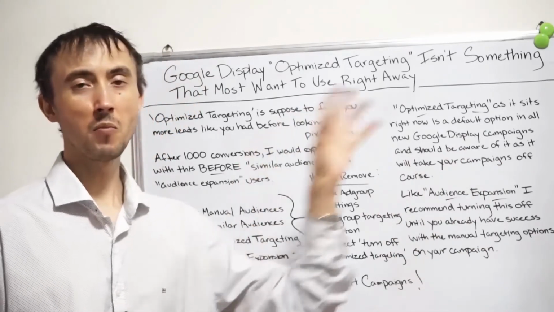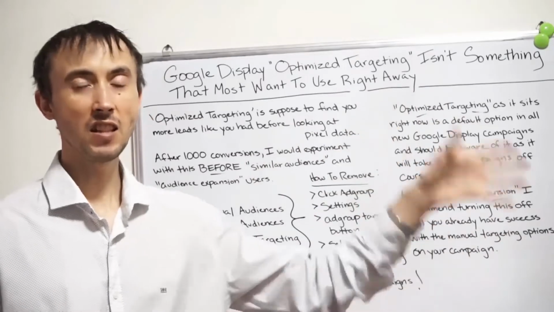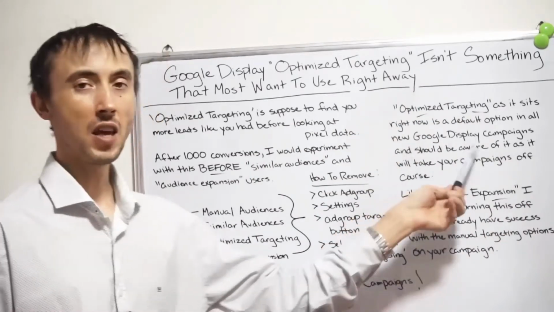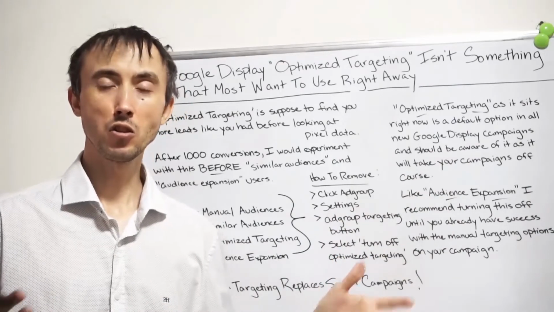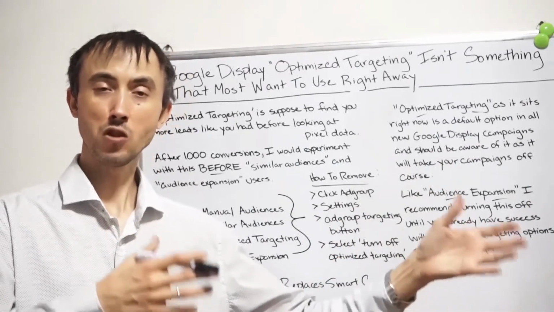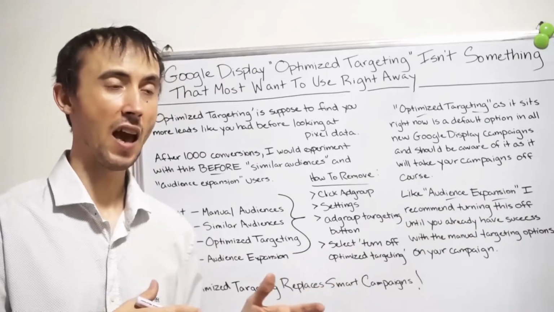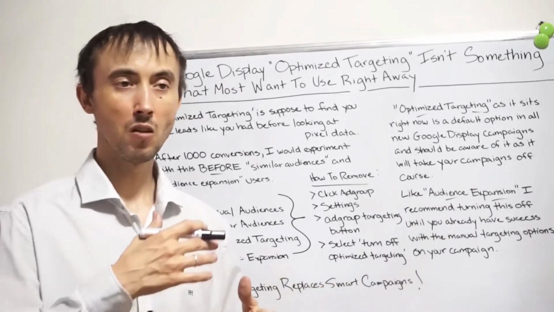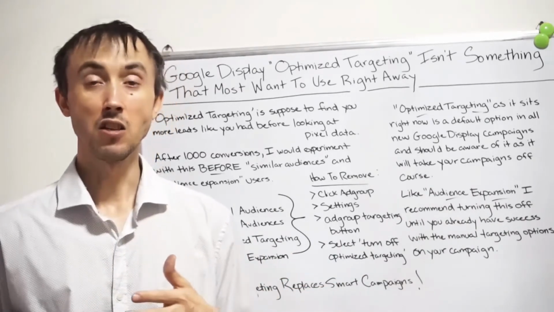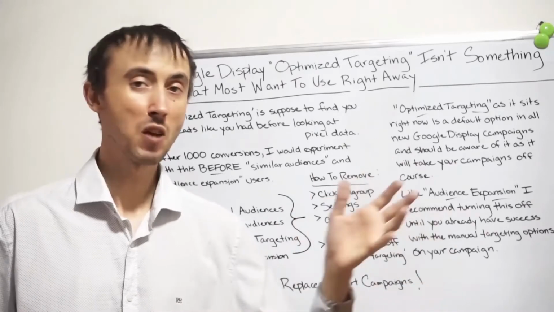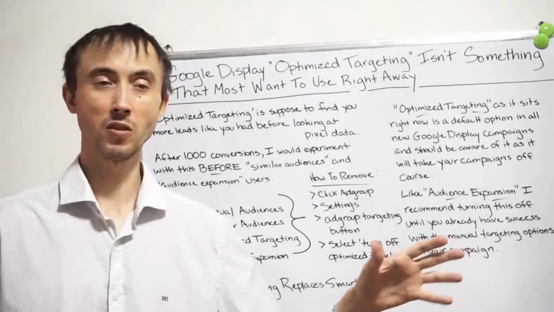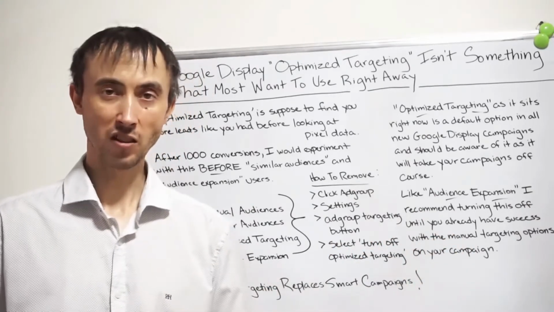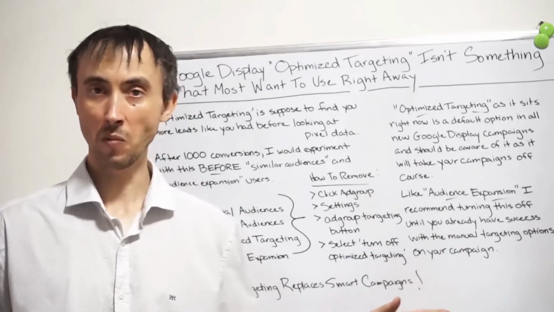If you've had your tracking set up for your campaign for a long time and you've had 10,000 conversions, this display campaign with optimized targeting may actually be okay. But if you don't have your tracking data inside Google Ads set up where it has the specific converter data, and you don't have enough of it, at least 1,000 minimum, but more like 10,000, it may be screwing up your results and derailing them so much that you run out of money before you even have a chance to make money.